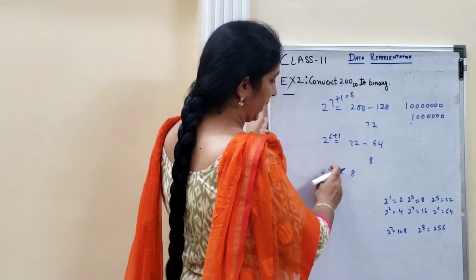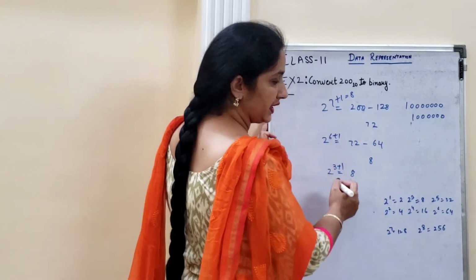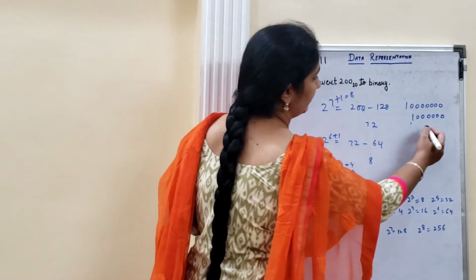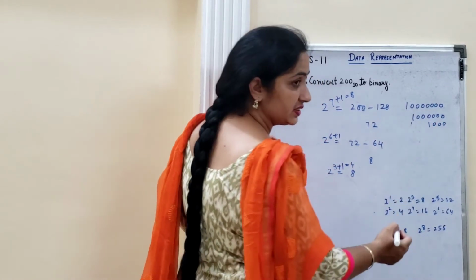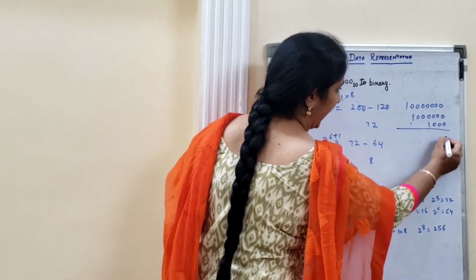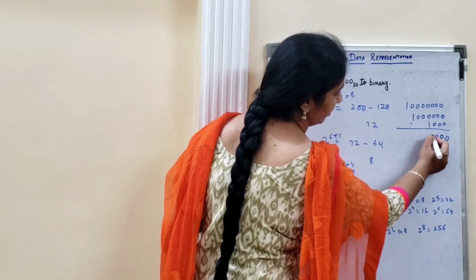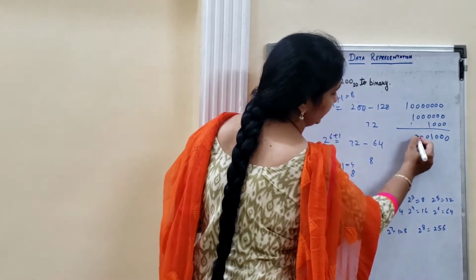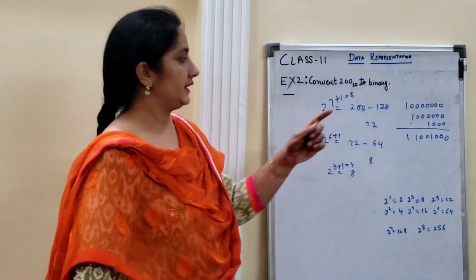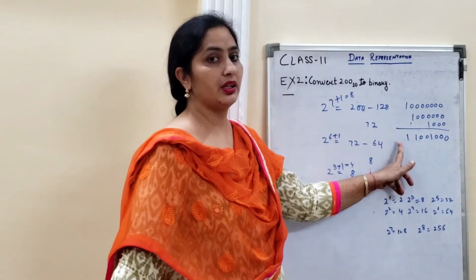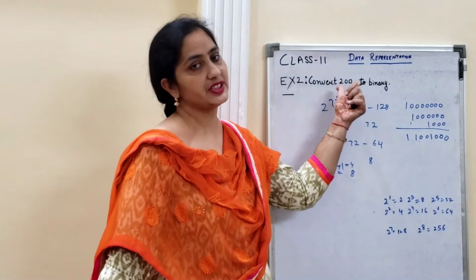Here 2 raised to power 3, that means plus 1 equals 4, which means at 4th place will be 1 and then rest of the places will be 0. Now simply add it: 0, 0, 0, 1, again 0, 1, 1. So this is the binary number for 200, which is the decimal number.